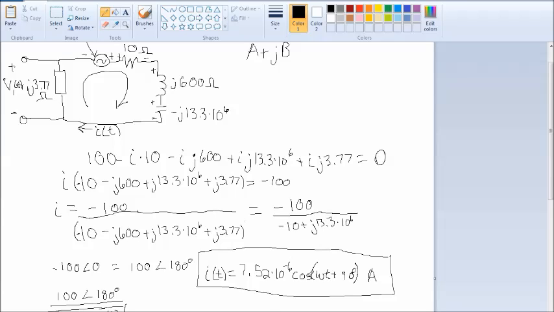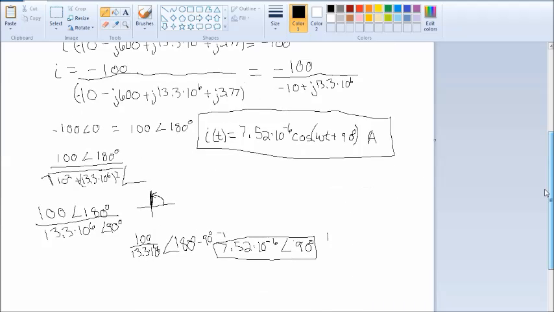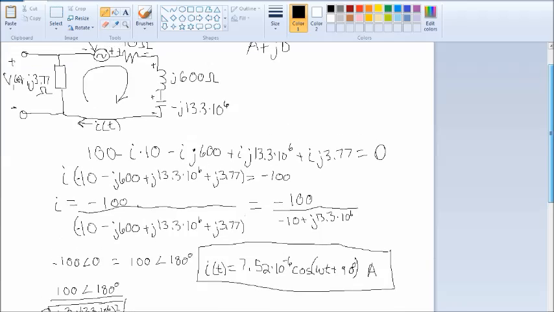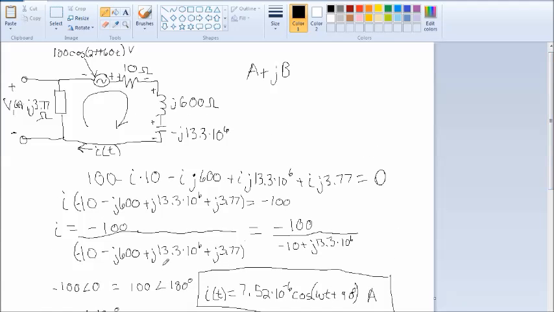And you do not want to multiply the current in this sinusoidal form. You want to take that vector that we already have, the polar form, this guy right here, 7.52 times 10 to the negative 6, angle 90, times the polar form of this impedance.